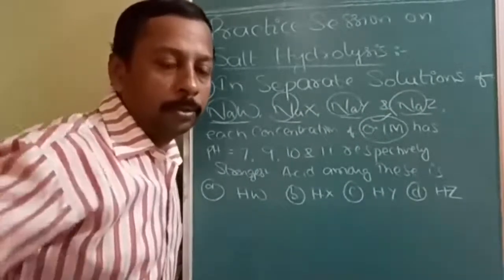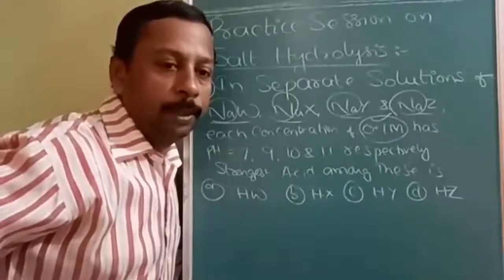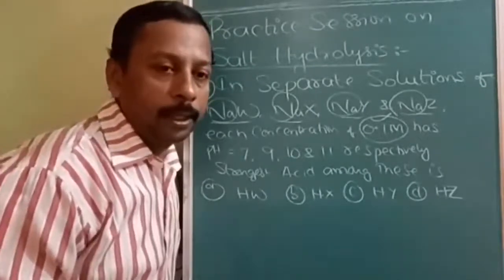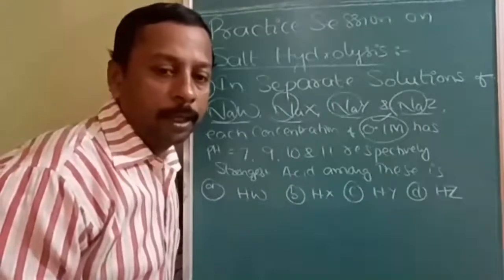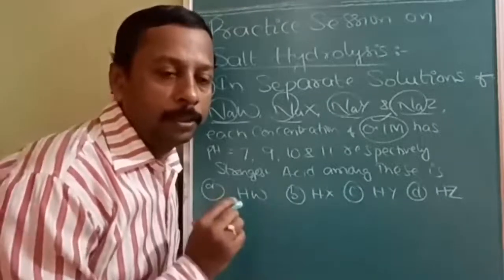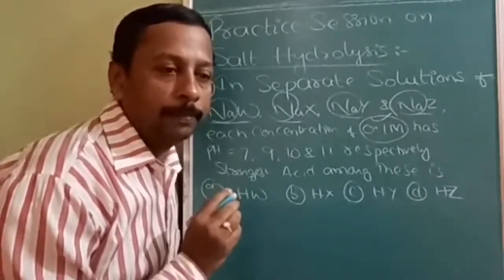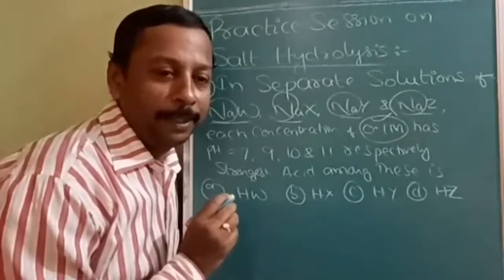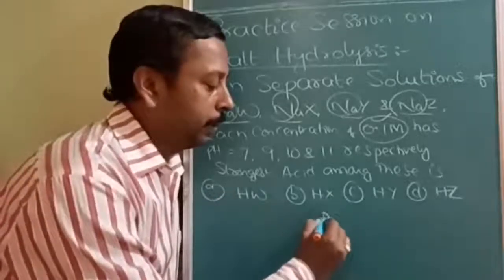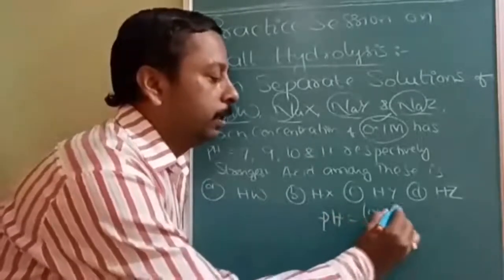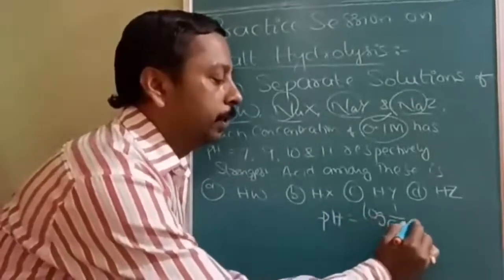So for higher acidic strength, will the pH be lower or higher? In the pH scale lecture, I clearly mentioned this, and we have done some questions on the pH scale also. Higher the pH, stronger the acid, is it correct? No. To avoid confusion, you can write it like this: pH is equal to log 1 upon H plus.